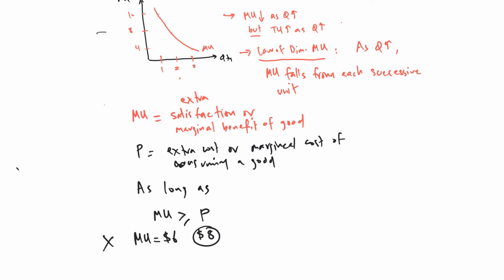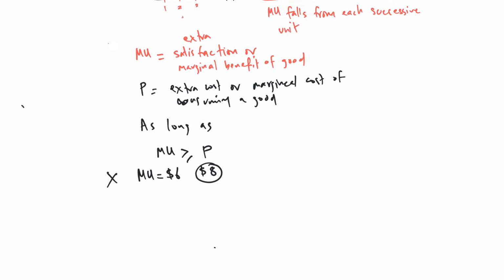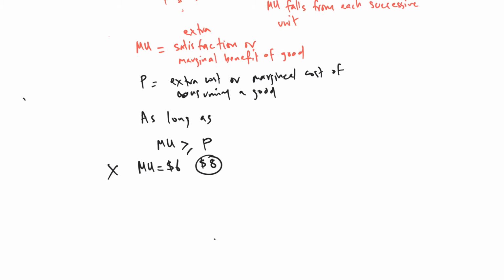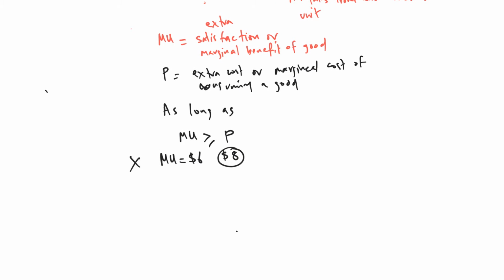So a consumer who is maximizing his benefit, utility or satisfaction will look at the marginal utility. As long as the marginal utility is more than or equal to price, he will be consuming that good. Make sense? So for us, MU actually is the value you are willing to pay.